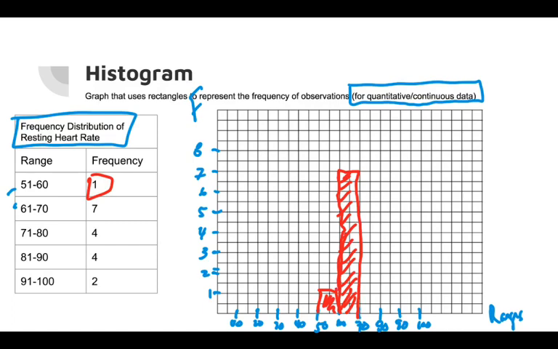They connect. 70 to 80 is 4. So here's the mark for 4. And 80 to 90 is also 4. And 91 to 100, it looks like I have 2. Okay, and there is the histogram for the data that I've collected.